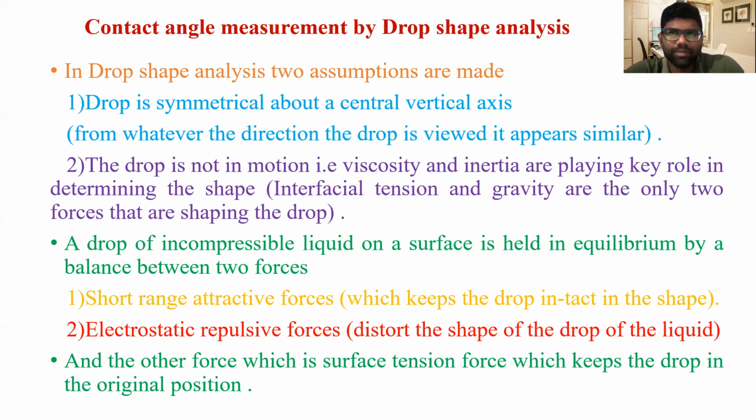At the center of the droplet, a vertical axis is assumed, and about that axis the drop is symmetrical. That is, it appears similar whatever side you view it from around the vertical axis.